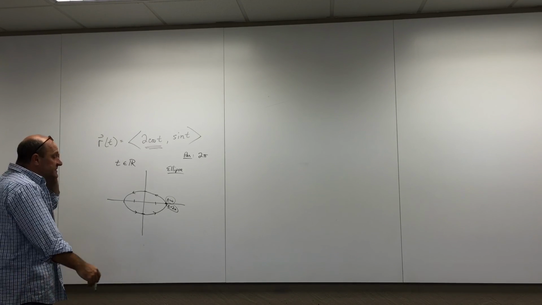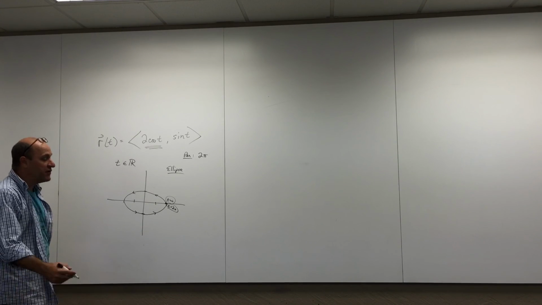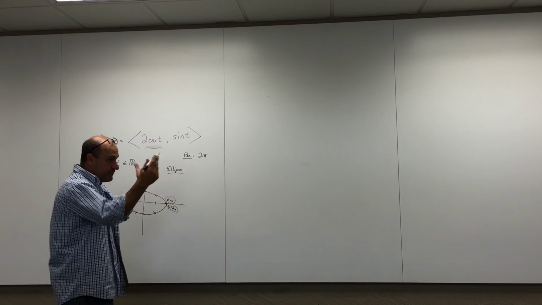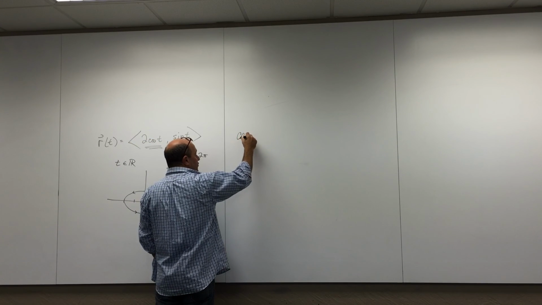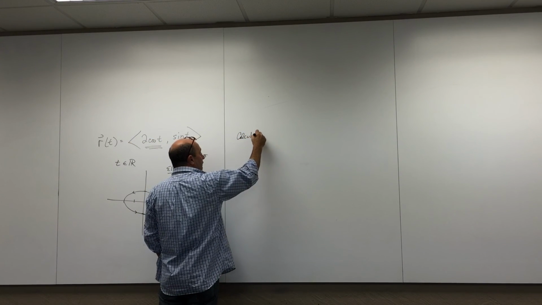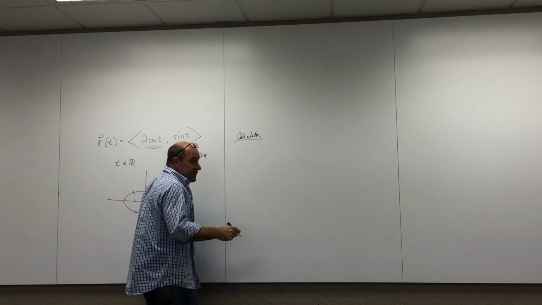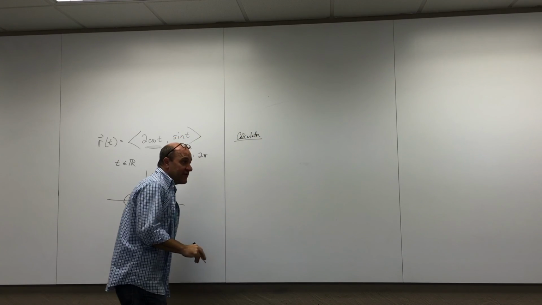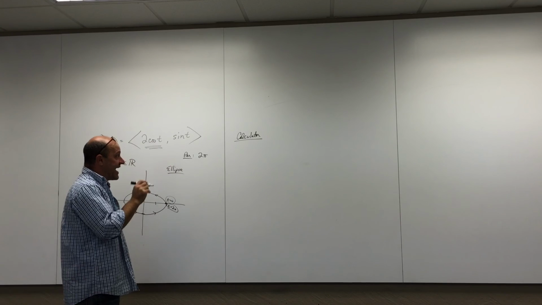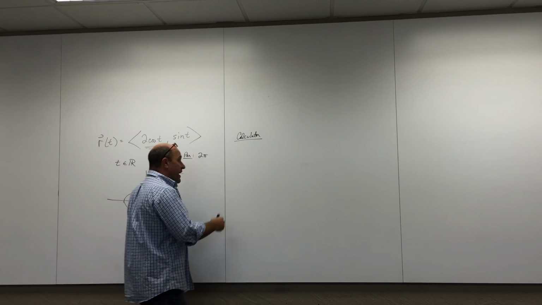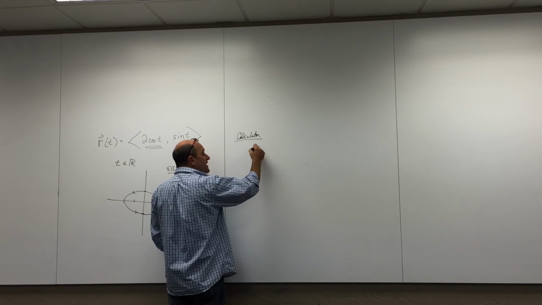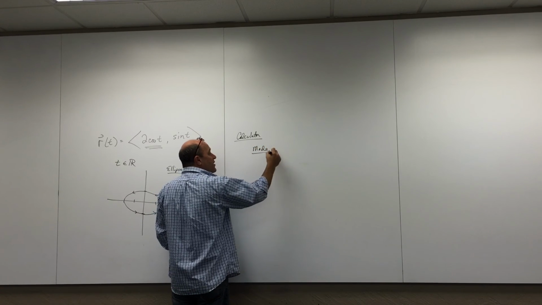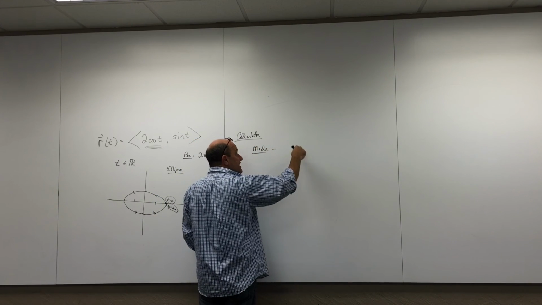Oh, I wanted to tell you how this works on your calculator. Without turning on my calculator, I want to point out that on your TI-83 or 84, you can graph parametric equations. You have to go to mode, where it says function.